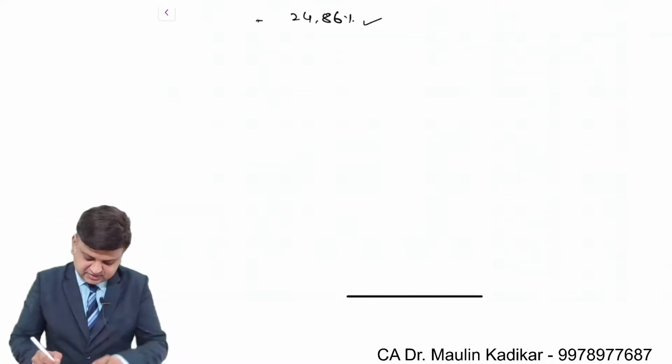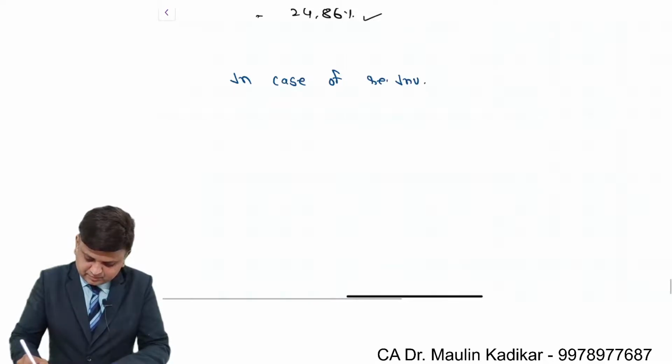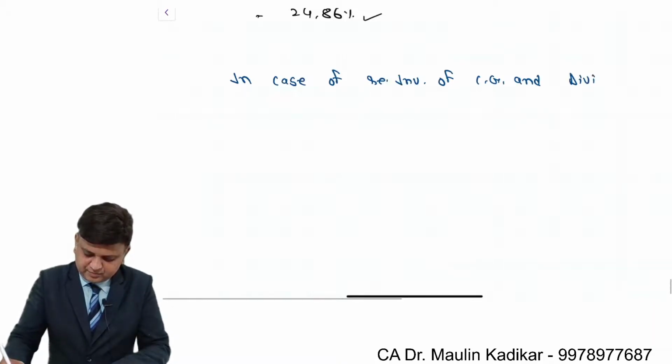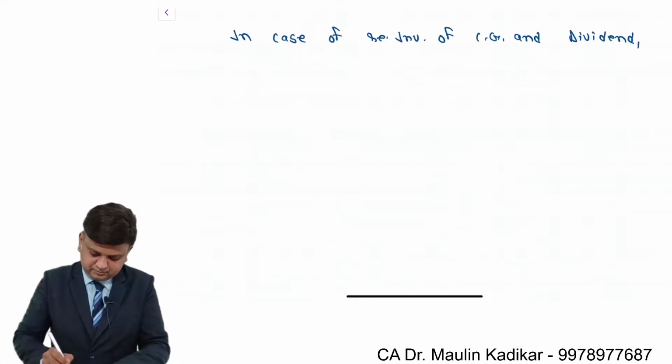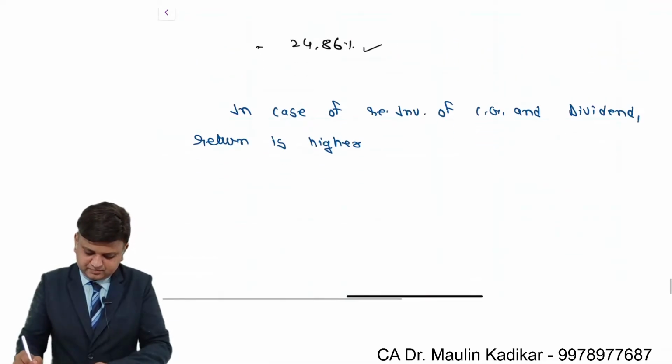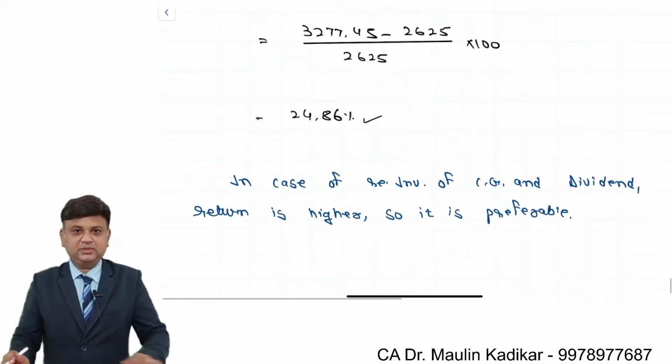So the final answer would be like this: in case of reinvestment of capital gain and dividend, return is higher, so it is preferable. Full stop. This is what we understand.